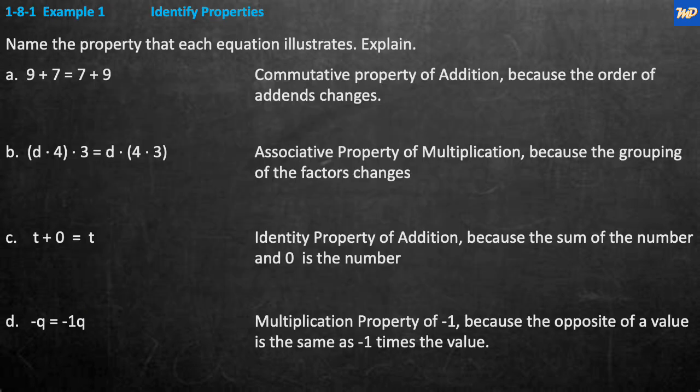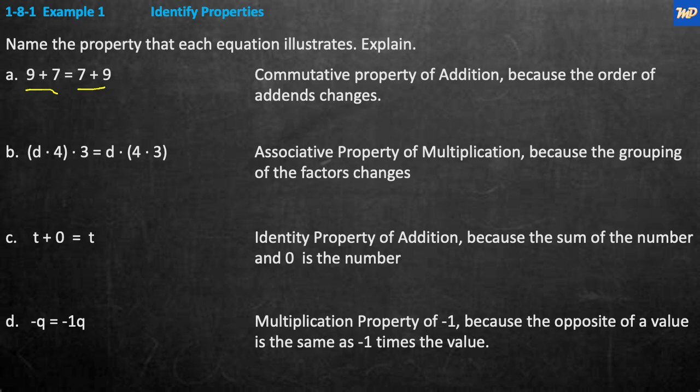Okay, in example 1, identifying the different properties that we're going to talk about here. Name the properties that each equation illustrates and explain what they are, okay? So if we look at the very first problem, it says 9 plus 7 is equal to 7 plus 9. So what property is that we've just discussed? As you see, this is an addition, so it's an addition property.